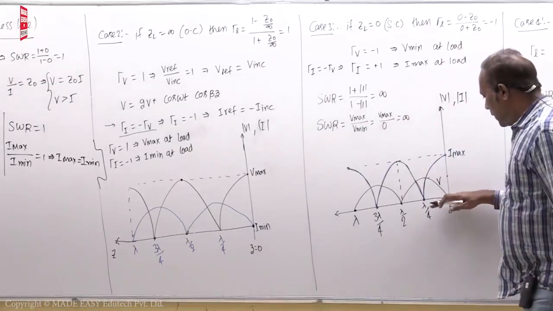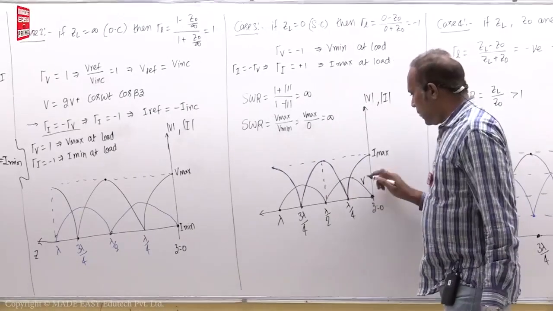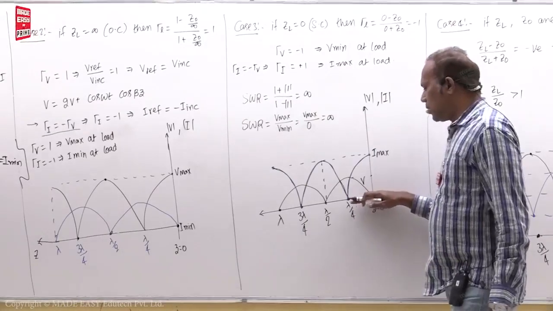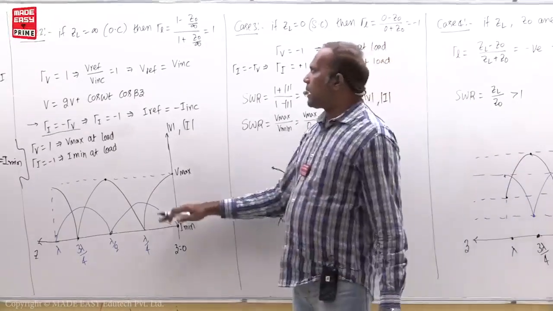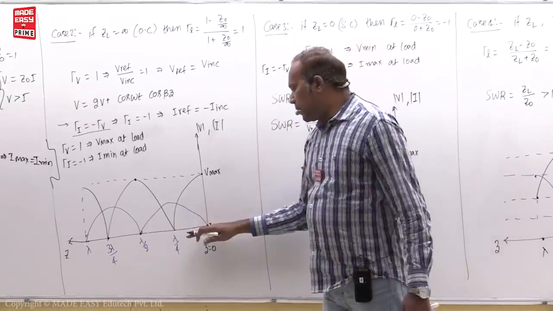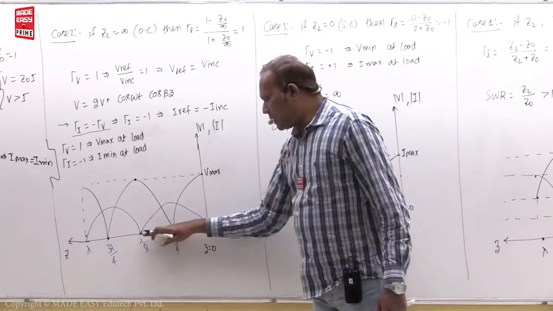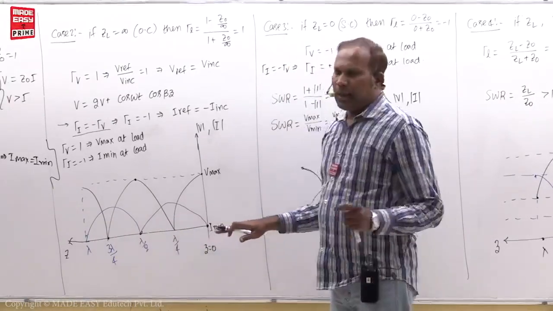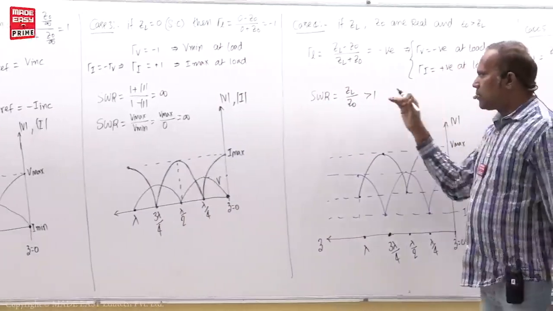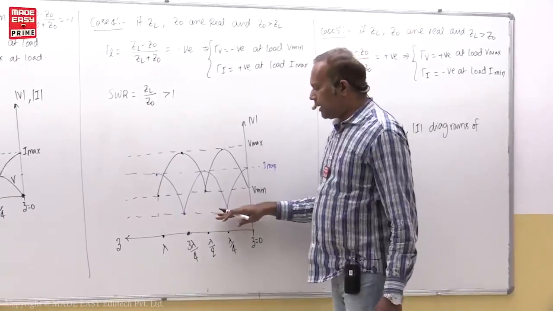That is why the voltage here touches axis 0. If current touches this one, that is 0 current. If voltage touches this one, that is 0 voltage. Similarly here also, because reflection coefficient is 1, SWR is infinity. In that case the minimum voltage or otherwise minimum current is 0 here. They touch this one. If SWR is not infinity, greater than 1, that means these minimum values do not touch 0, they will be a little upper.